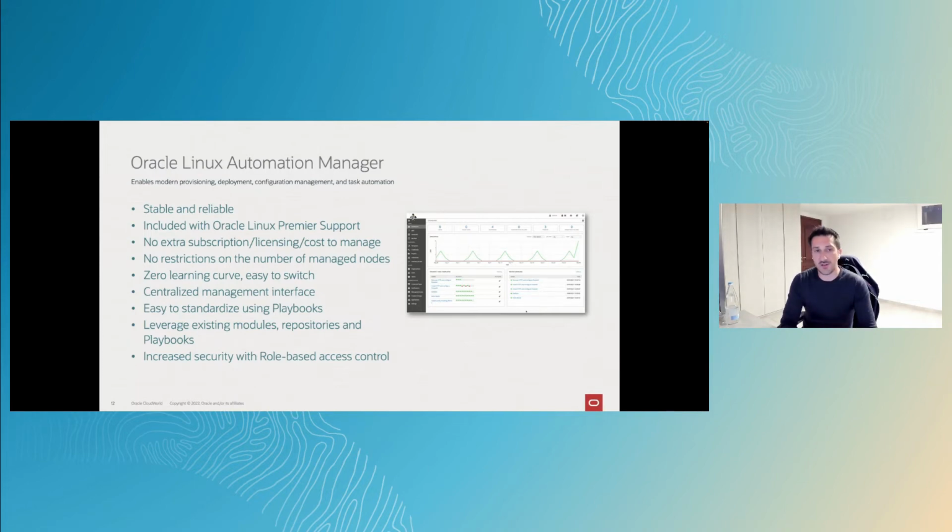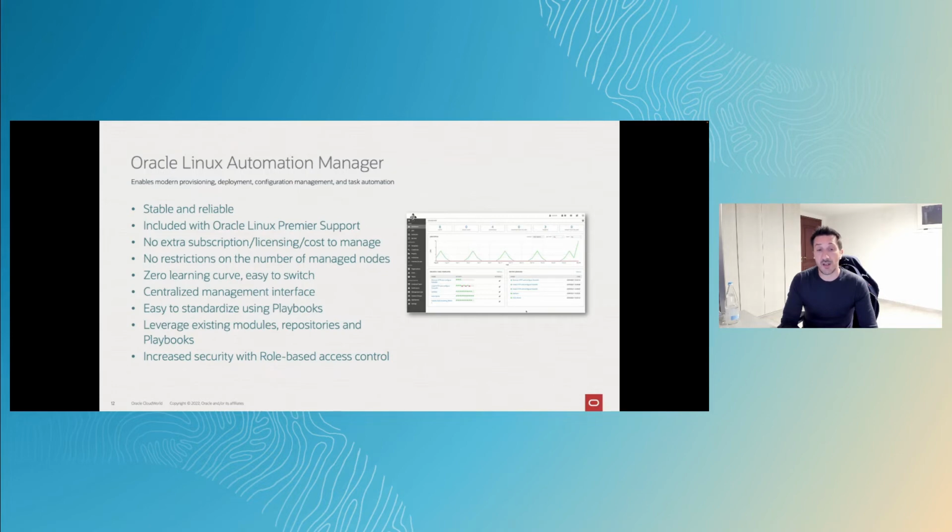There's really a zero learning curve. It's very easy to switch from manual execution or from custom scripts to Oracle Linux Automation Manager. You have a centralized management interface. It's very easy to standardize using playbooks, also because, publicly available, you can even find many different playbooks coming from different communities, and you can decide to leverage those, customize those, or even build your own.